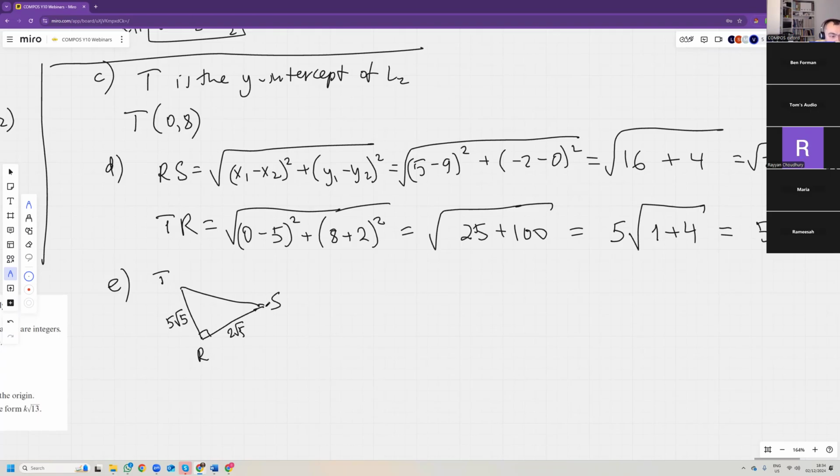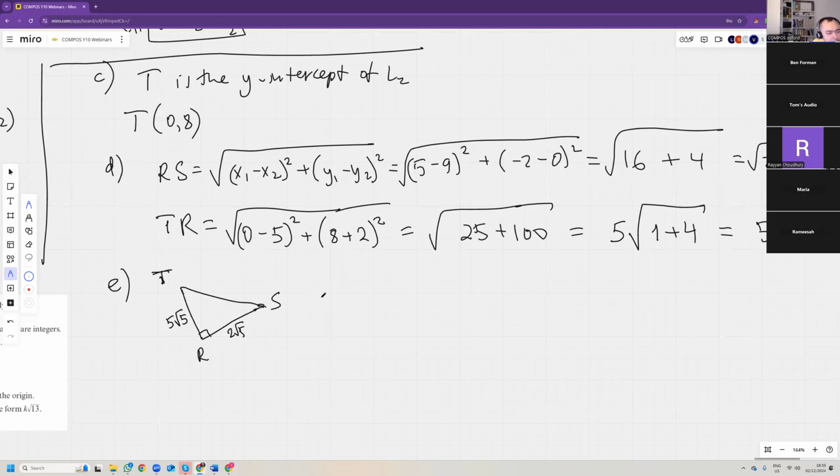The area of a right angle triangle is 1/2 times the product of the two smaller sides, two catheters. I think that's the correct word.